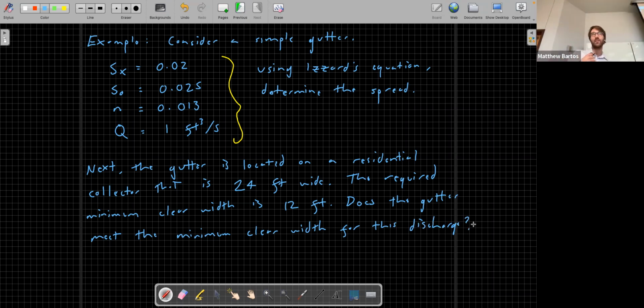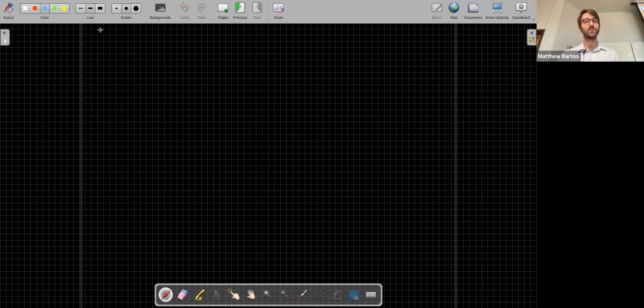All right, so in the interest of time, I'm going to move on. First, for the spread, what is the spread expected for this discharge rate in this gutter?